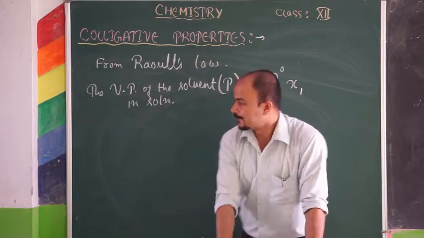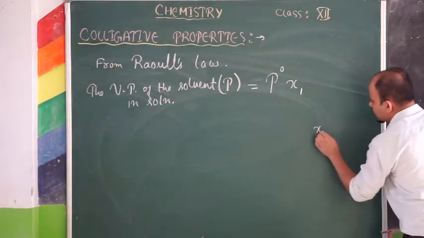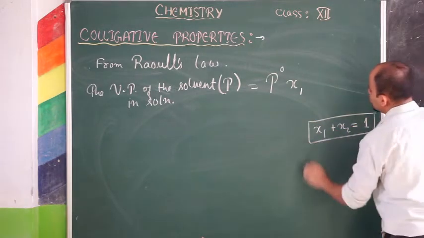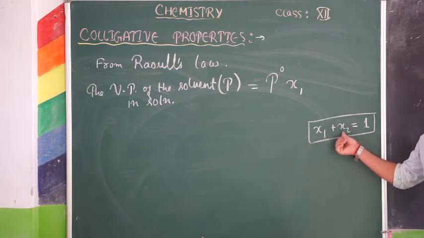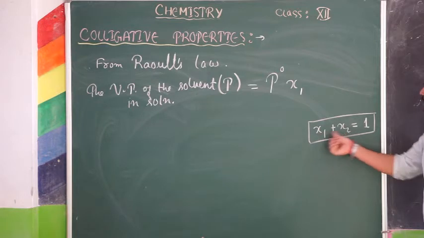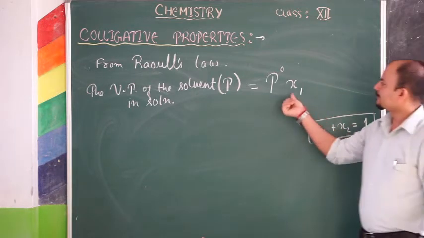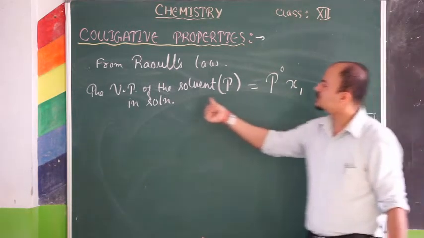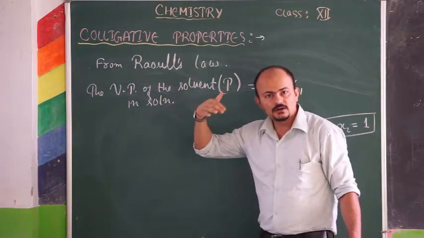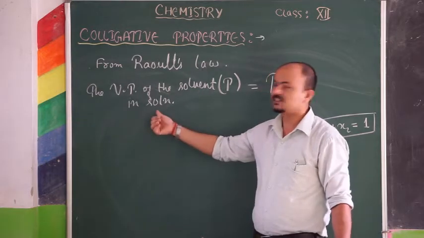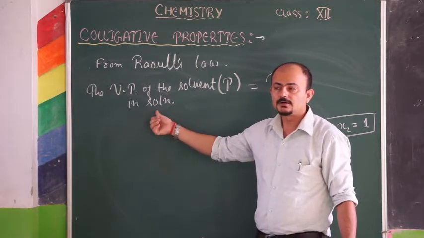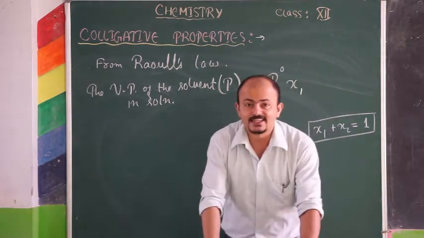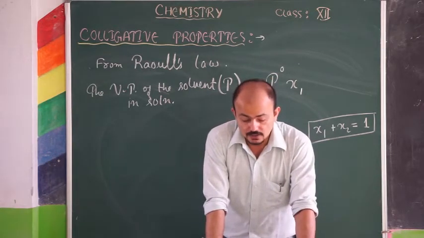Here we have to know that the total mole fraction, x1 plus x2, will always be equal to 1, that is, the mole fractions of the solvent as well as the solute. Since only the moles of solvent contribute to the vapor pressure of the solvent in the solution, its vapor pressure is always slightly less than that of the pure solvent.